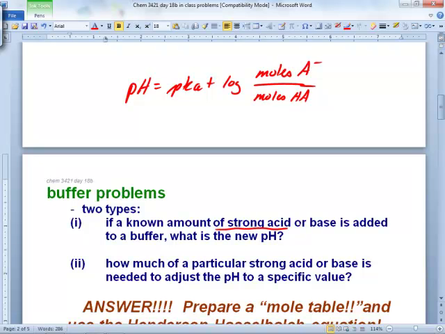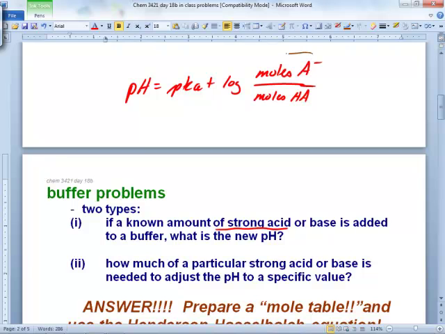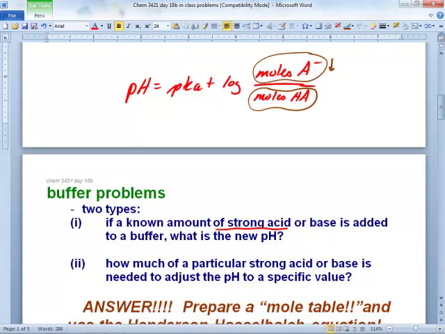And Jamesa said the conjugate base reacts with it. So this number is going to go down, right? Because it's a reactant. Is anything going to happen to this number? It has to, right? Because the conjugate base gets converted to the conjugate acid. So it has to go up.